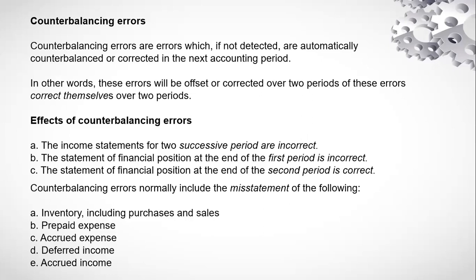Effects of counterbalancing errors. Income statements for two successive periods are incorrect. The statement of financial position at the end of the first period is incorrect, however, at the end of the second period it is correct, because as we can find out, in the second year the error is already eliminated and you have the counterbalanced error.